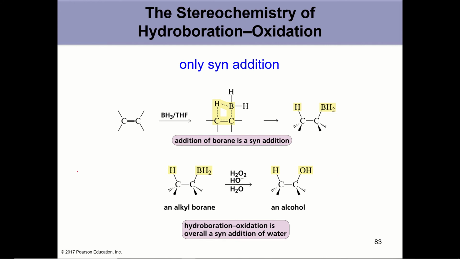So if we start with the cis alkene, we will always have, well, we can't say that. No. We'll look at some different examples. We will always have SYN addition of the H and the B, and so you should always make sure that the hydrogen added and the hydroxyl added are on the same bond type.